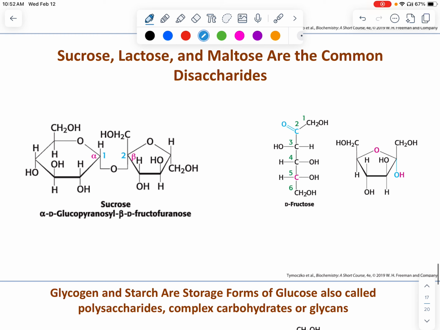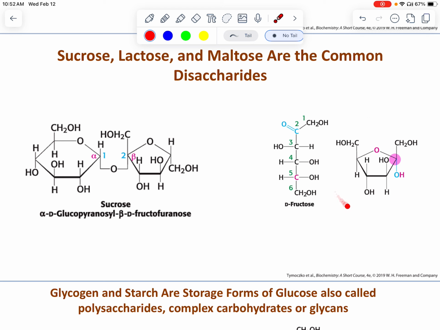Let's look more closely at sucrose, because this one gets a little confusing. When I look at it, here was my picture of fructose before. Here's my anomeric carbon. The anomeric carbon, notice, has the hydroxide and the CH2OH group. But over here, it has just the CH2OH and the hydrogen.